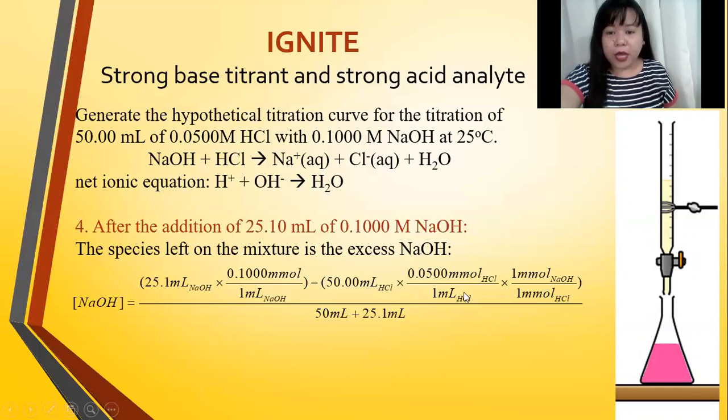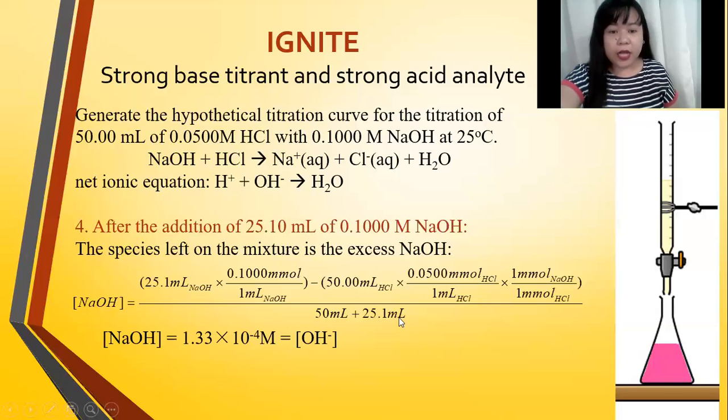And then we cancel all units as applicable, and we will be left with millimoles NaOH minus millimoles NaOH all over the total volume, which is 50 ml, coming from the HCl analyte, plus 25.1 ml, which is the volume of the titrant.